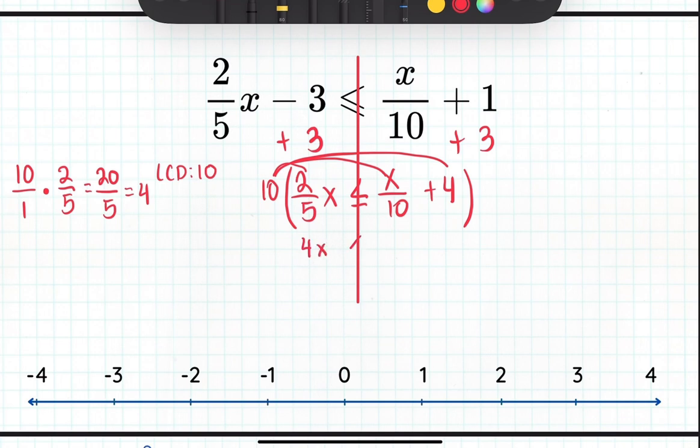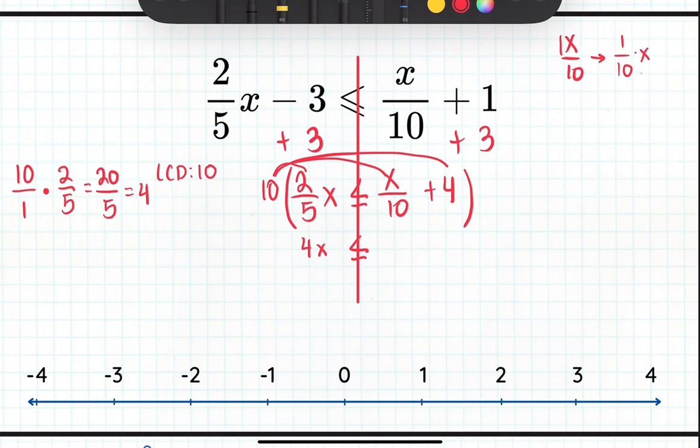And we have 4x is less than or equal to, and now we're going to distribute that 10 to that x over 10. And now I could rewrite x over 10 as, remember that x always has a 1 next to it, so I could just simply rewrite this as 1 over 10x.